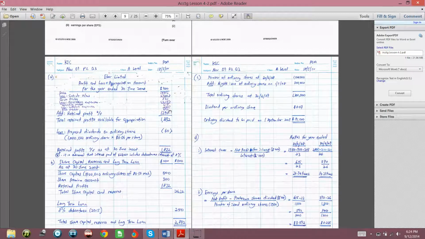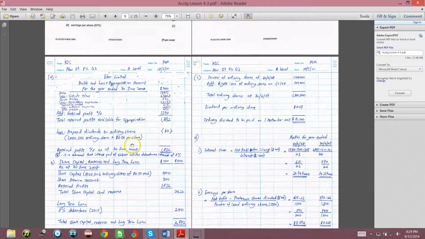Then you add the retained profit brought forward. Retained profit means your profit and loss account at 30 June 2007, 1290. Then this will be your total retained profit available for appropriation, available for giving out as dividend. Then proposed dividend on ordinary shares: that will be 1 million ordinary shares times 6 cents per share. So this is your retained profit carried forward.